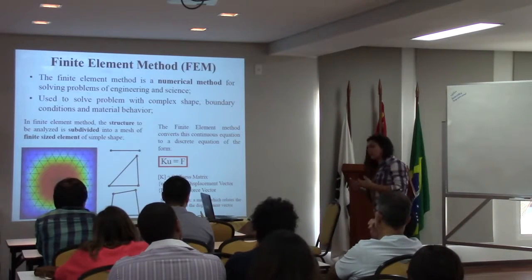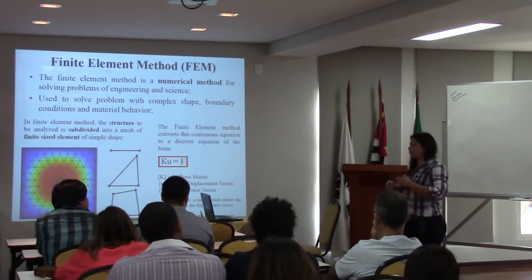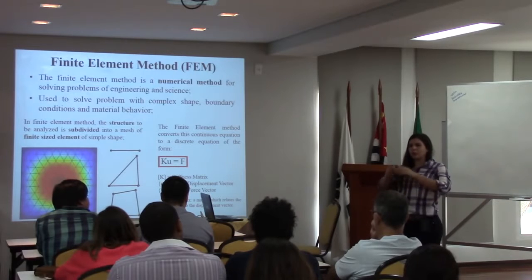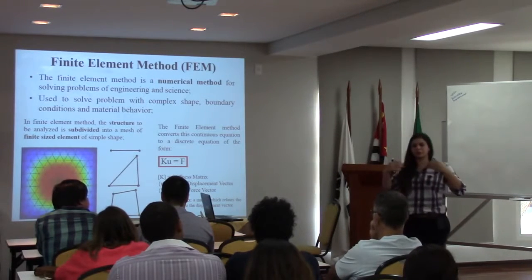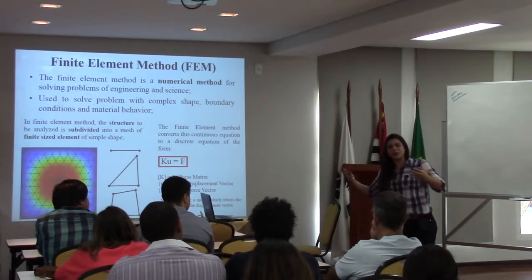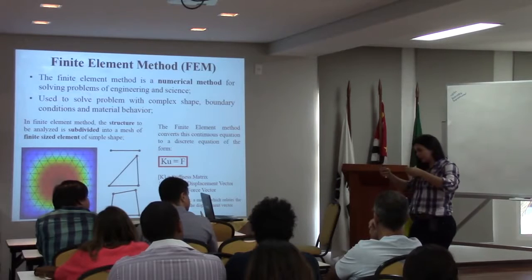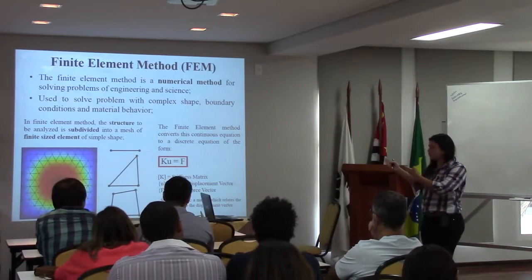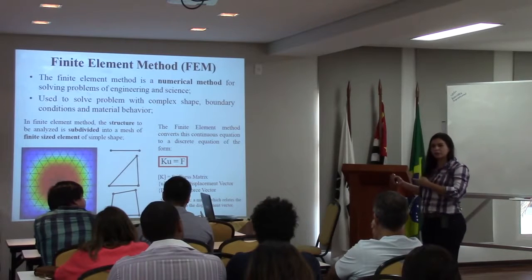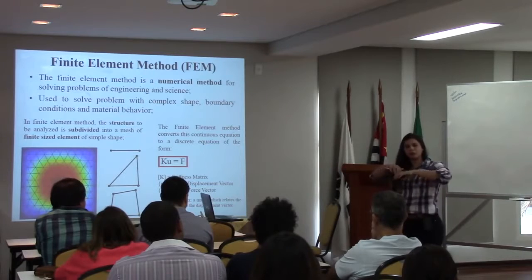So, atomic scale finite element method shares the same idea. You have a structure, but in this structure we are talking about atoms. You decide your finite elements, with which it is possible to capture your structure. And then you define a stiffness matrix and force vector for that structure, and then assemble the problem.